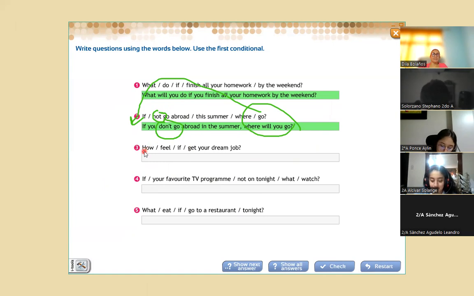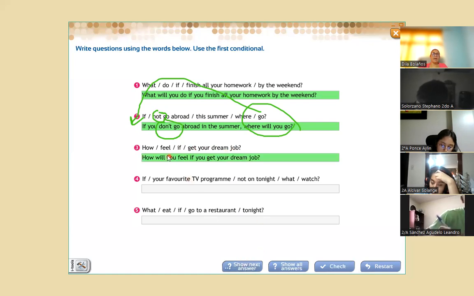How will you feel if you get your dream job? How will you feel? Remember, will in the first part of the question, if is the connector for the prediction, and the complement in the present simple tense, okay?